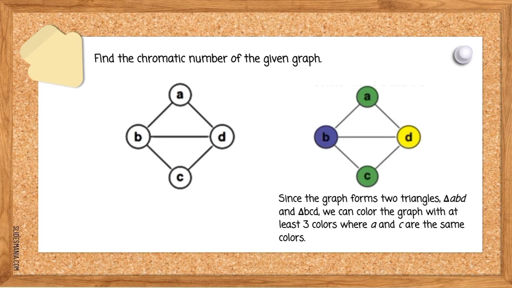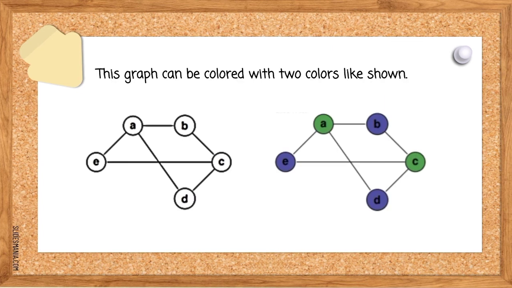Since the graph forms 2 triangles, ABD and triangle BCD, we can color the graph with at least 3 colors where A and C are the same color. This graph can be colored with 2 colors like shown. So, as we can see at the right portion, A and C are colored green, and B, E, and D are colored violet.